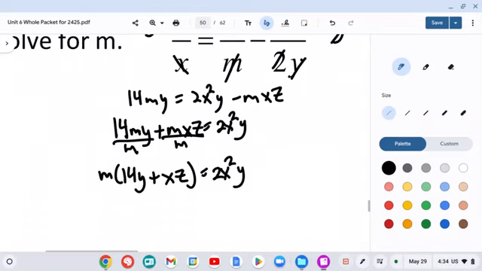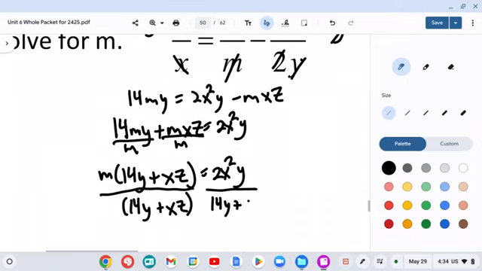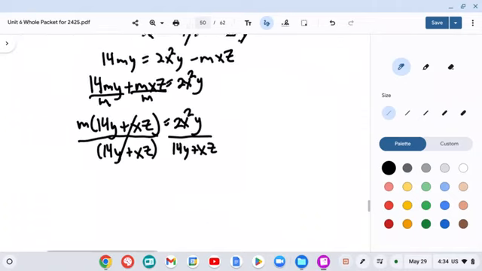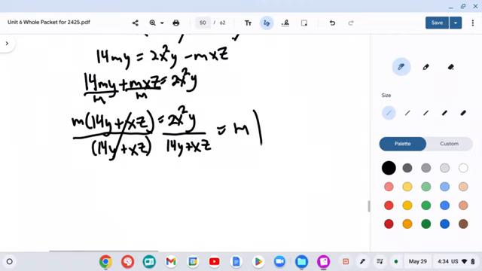And then since the m is by itself by multiplication, you can divide by this binomial from both sides. And then that will cancel, and then you'll have m by itself. So it would be this.